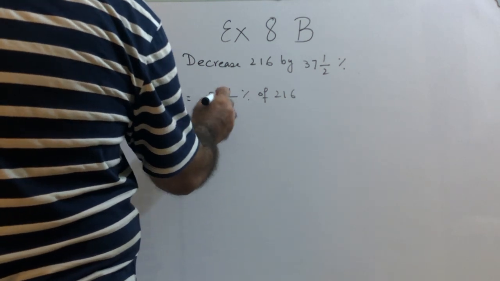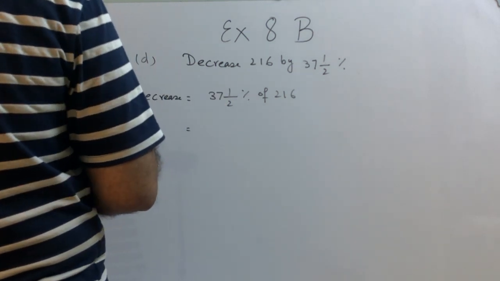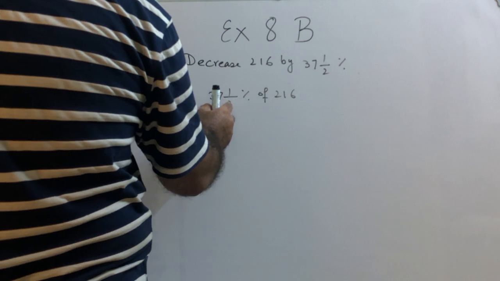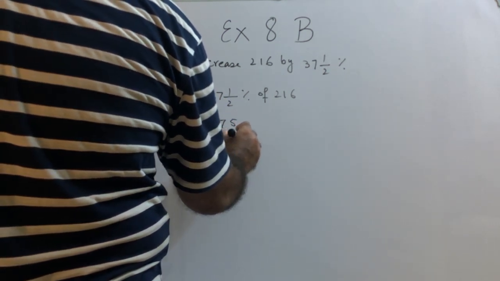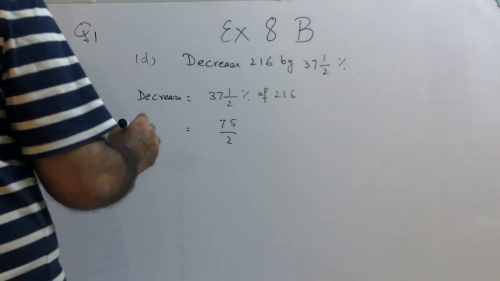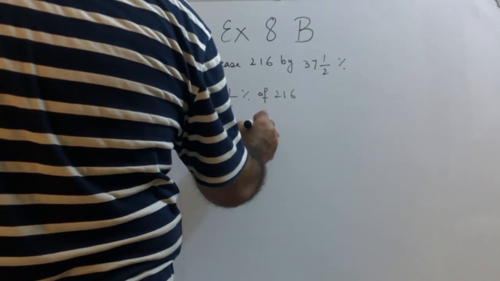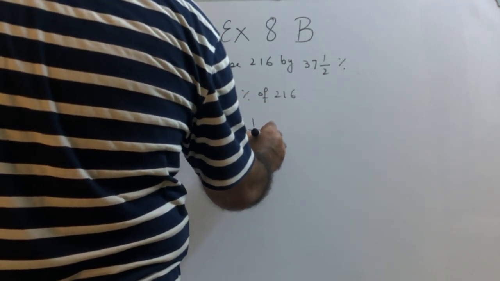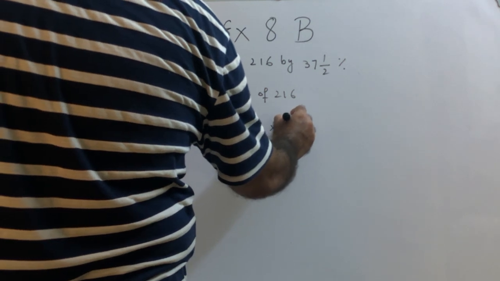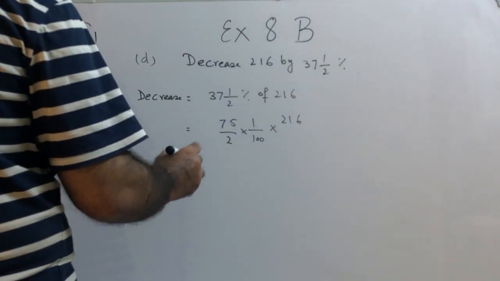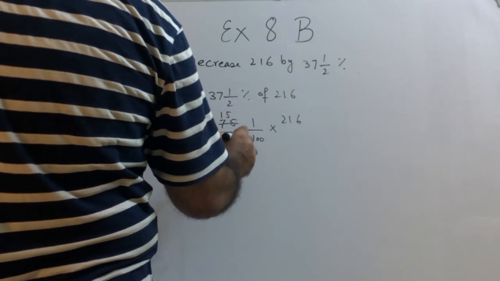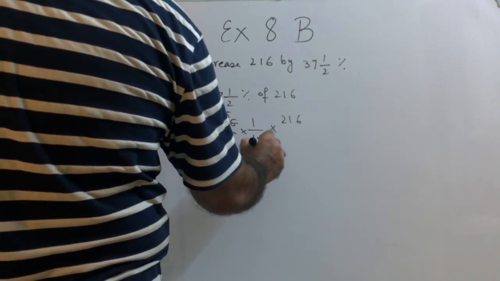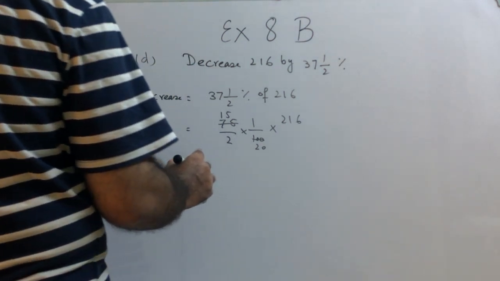So we'll just bring it to improper fraction form. It becomes 75 over 2. Percent means divided by 100, which means 1 over 100. Of means multiply into 216. Then 5 ones are 5. 5 5s are 25. 5 2s are 10.